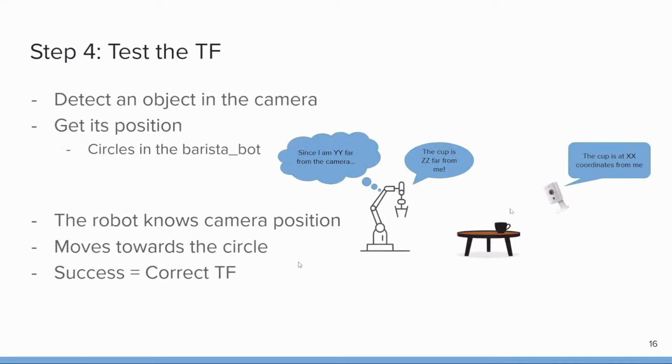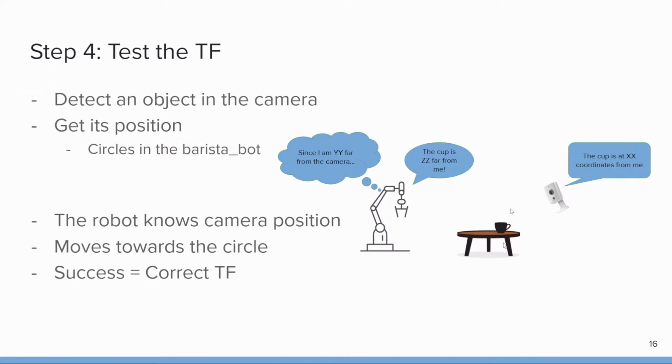The last step is to test whether the value we get is correct or not. To do that, we will be using the same logic we have seen before. I will be detecting some kind of object, which will be the circle patterns in the barista bot that we saw.